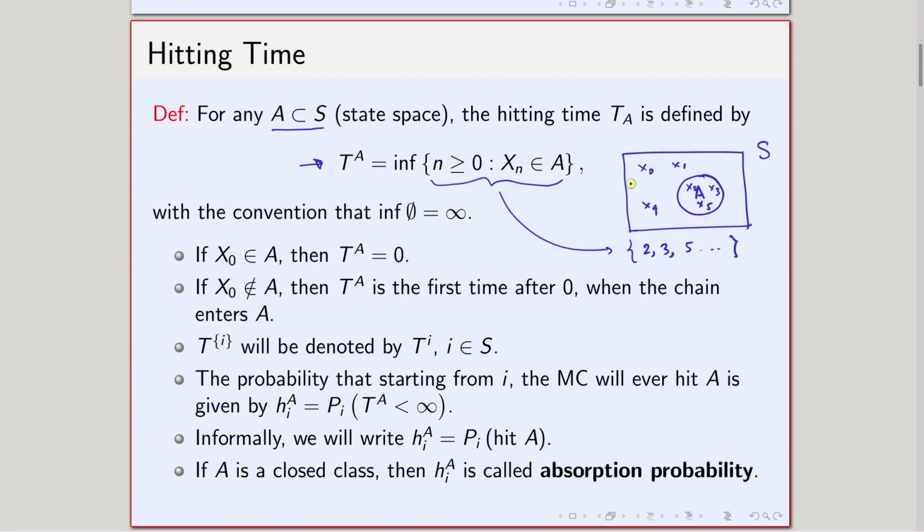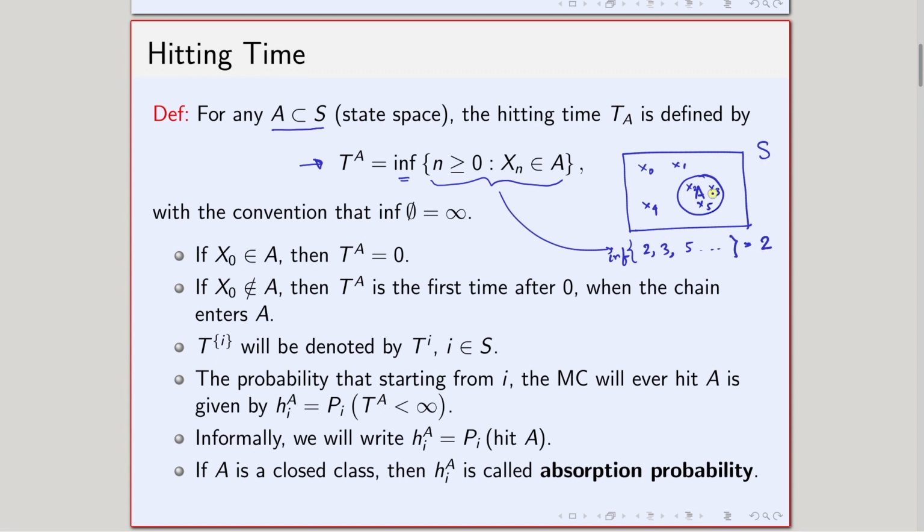Some set will come based on the chain, whether the chain is inside the set A or outside the set A. So, I am taking the collection of all possible values of n such that X_n belongs to A, and considering that particular set. Now, I am taking the infimum of that set. In this case the infimum turns out to be 2.